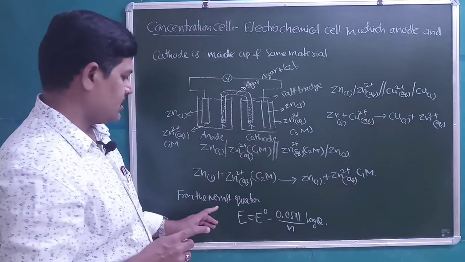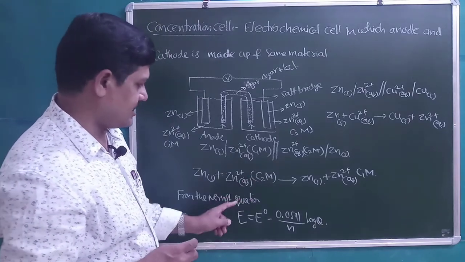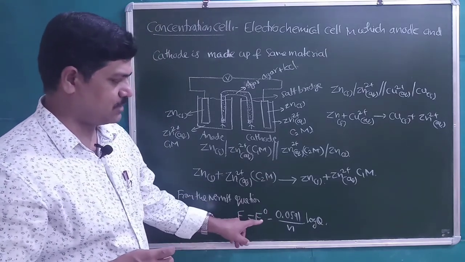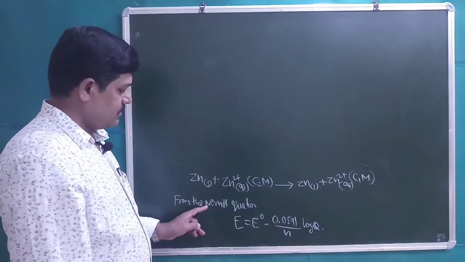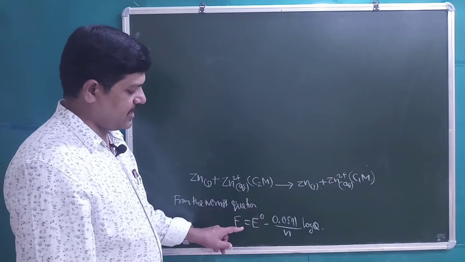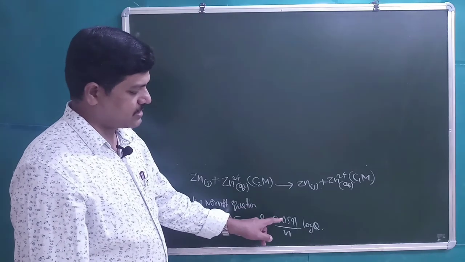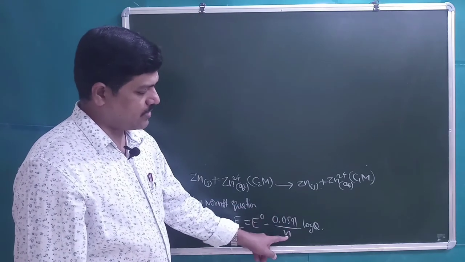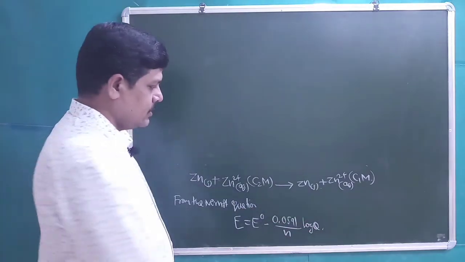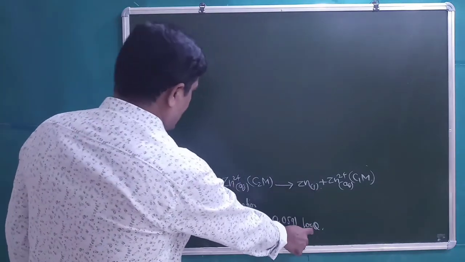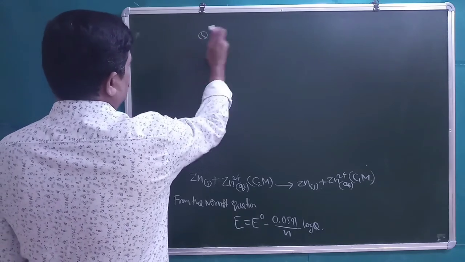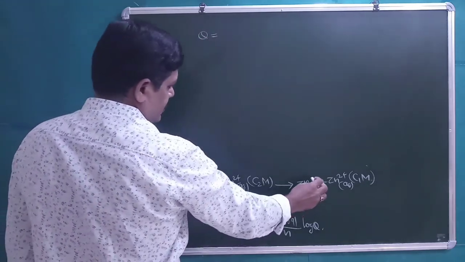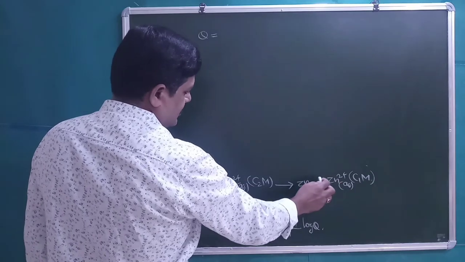So students, now let us substitute these values in this expression and find out what condition is required. Hence, from the Nernst equation, E is equal to E naught minus 0.0591 by n log Q. So from this equation, the reaction quotient Q is equal to the product of active masses of the products.